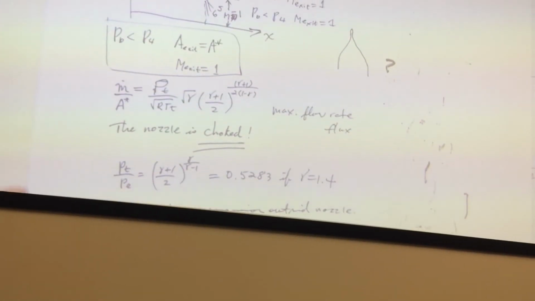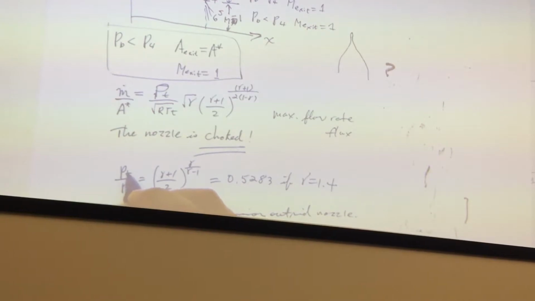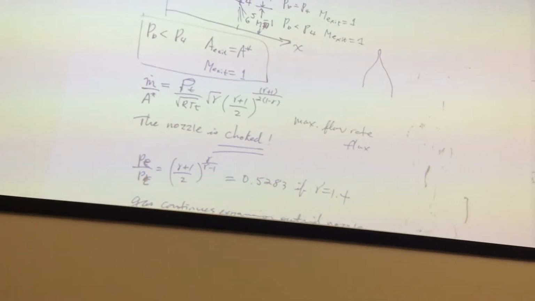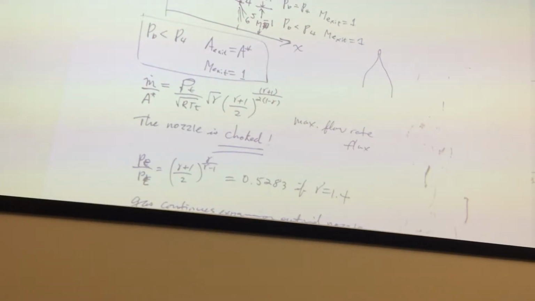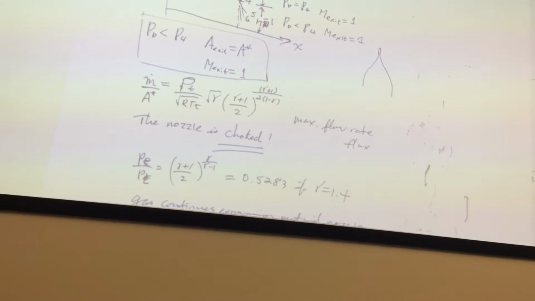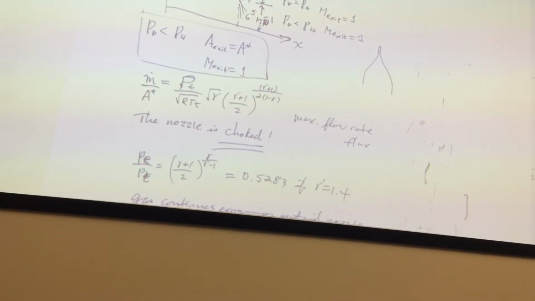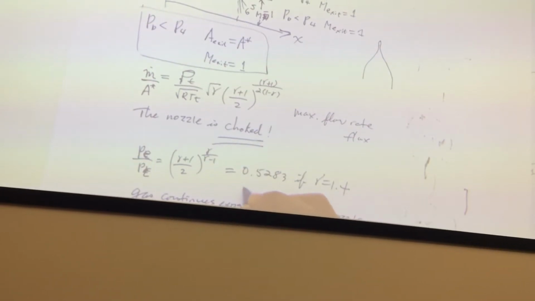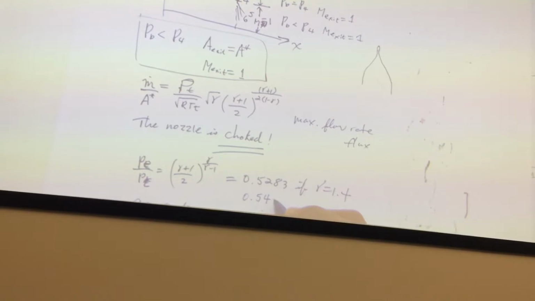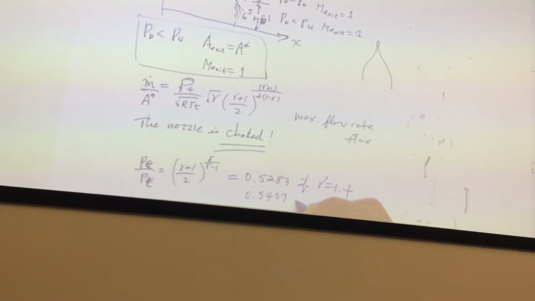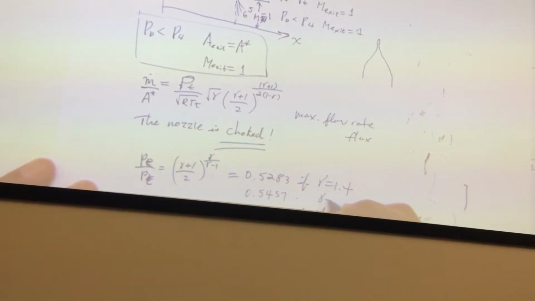This should be inverted. PP over PT, I'm sorry. This should be inverted. Now, this will be equal to 0.5457 for gamma equal to 1.3.